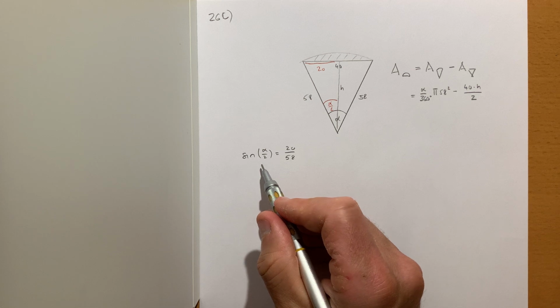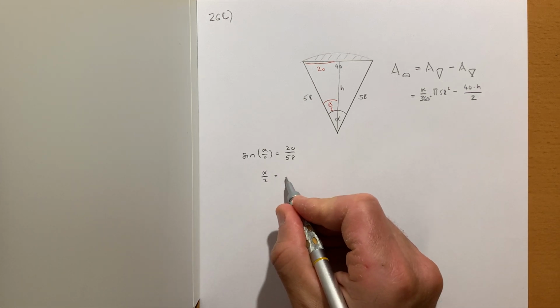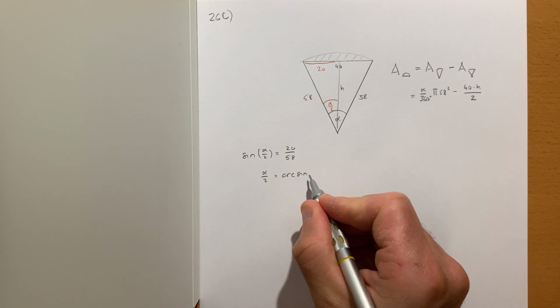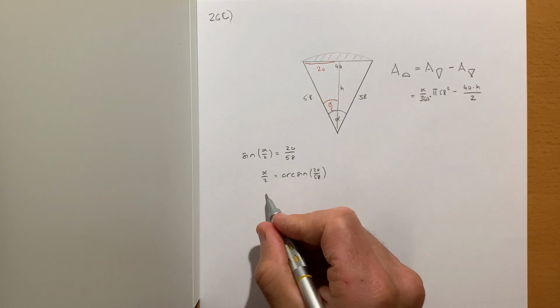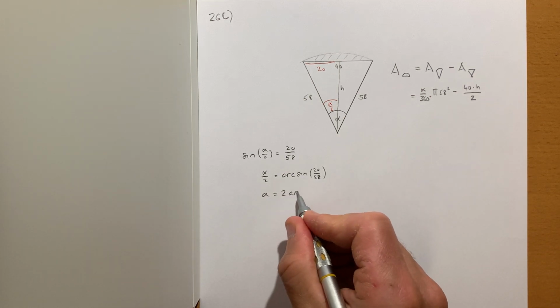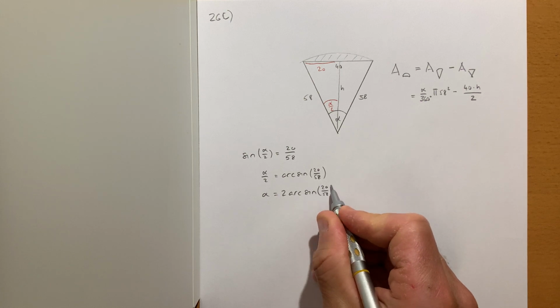So we need the inverse sine here, arc sine. Alpha halves is arc sine of 20 over 58. Alpha is 2 times arc sine of 20 over 58.